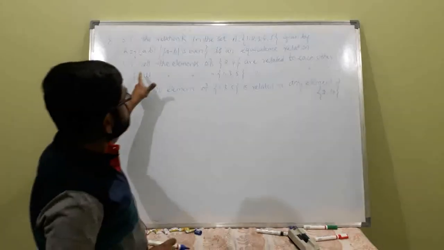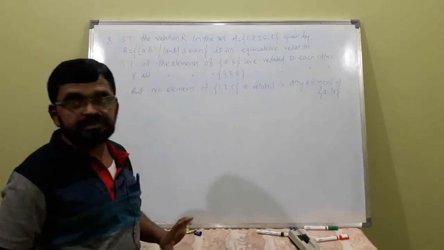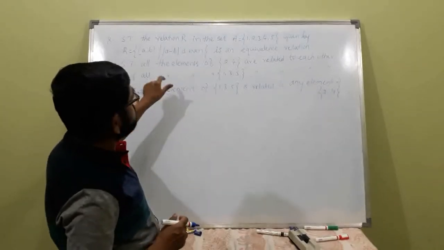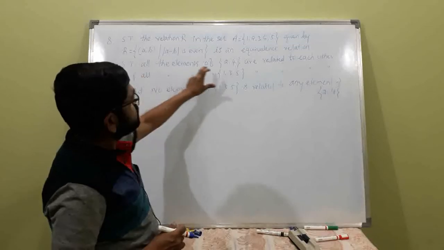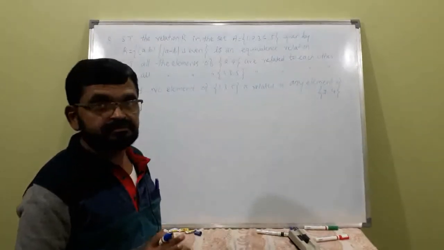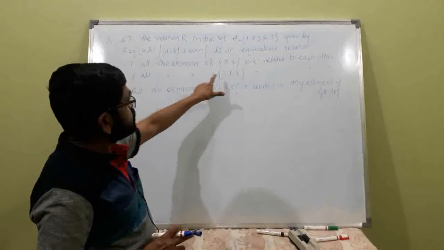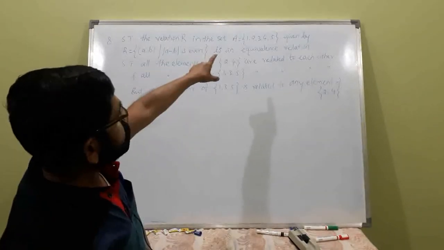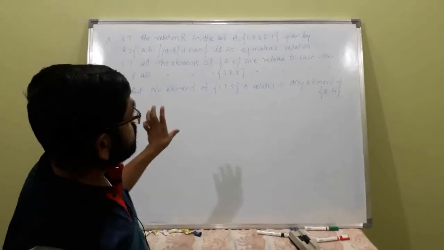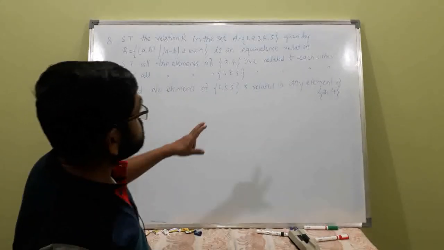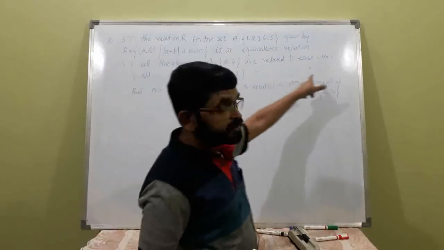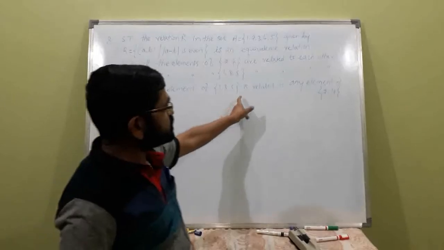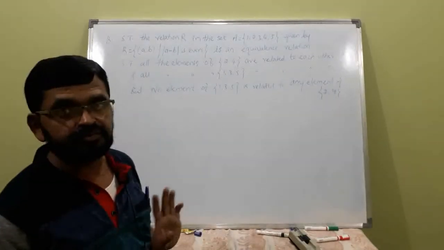In the second part you have to show that all the elements of {2, 4}, the even numbers, are related to each other, and all the elements of {1, 3, 5}, the odd numbers, are related to each other, whereas no element of {1, 3, 5} is related to any element of {2, 4}.